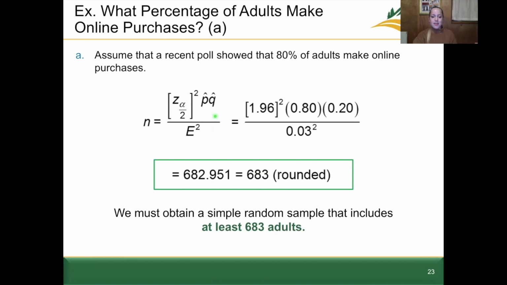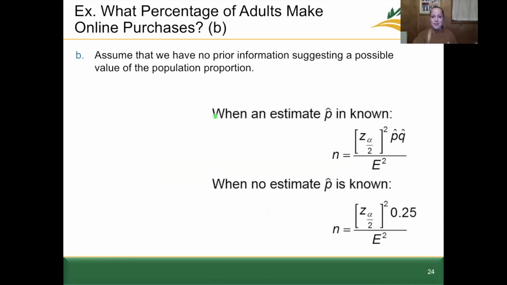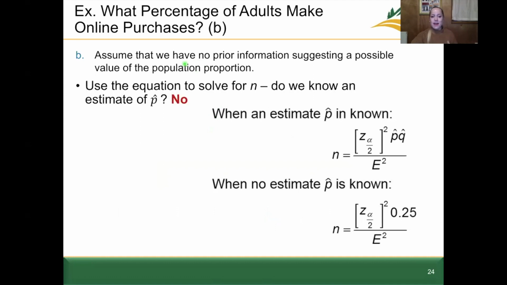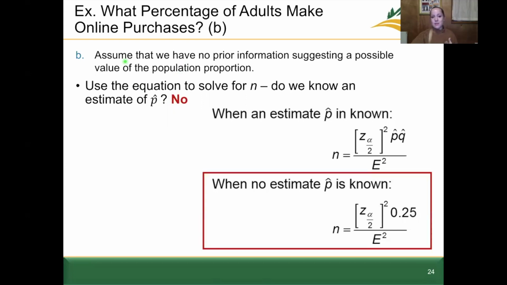Let's solve for sample size in question B now. So to remind you of that, assume that we have no prior information suggesting a possible value of the population proportion. For this style of questions, again, we ask, do we know an estimate of p-hat? Here for part B, the answer is no, we don't have an estimate for p-hat. Because we don't know p-hat, we can't figure out q-hat either, so we need to use this form of the formula.